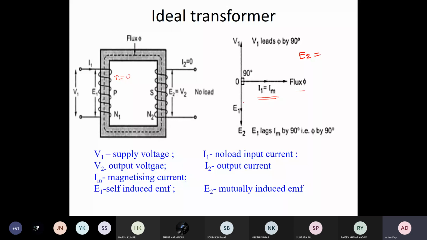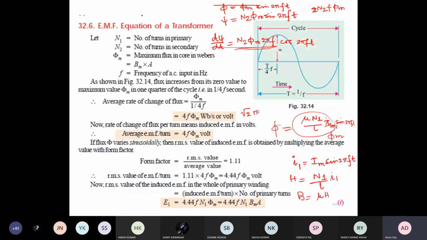So V1 minus E1, if there is any leakage resistance or reactance, that you can put in, will be equal to your I1. That is why it is put on the other side. And E2 you can get from here, because whenever you take cos of this, it will be sine of 90 minus this.